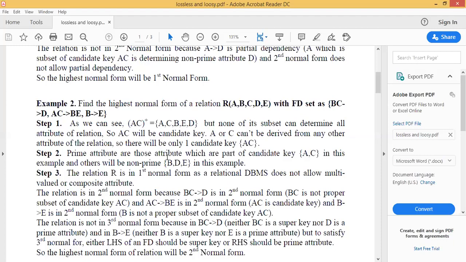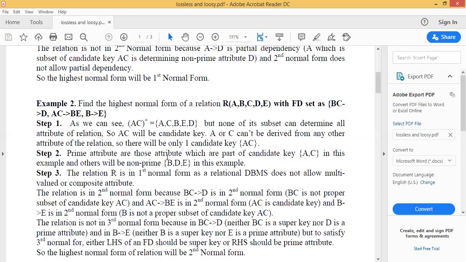The relation is not in third normal form because of BC determinant D, neither is BC a super key nor is D a prime attribute. And also B determinant E, neither is B a super key nor is E a prime attribute. But to satisfy third normal form, we know either the LHS of an FD should be a super key or the RHS should be a prime attribute.